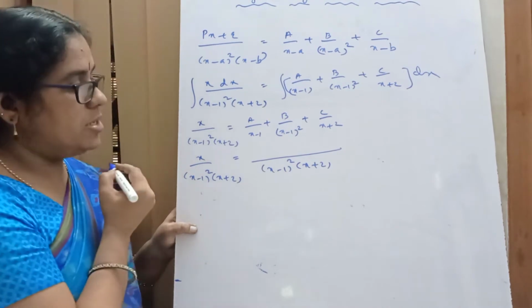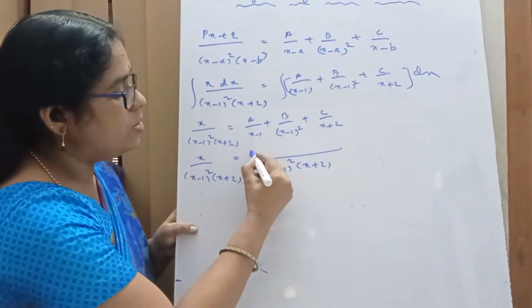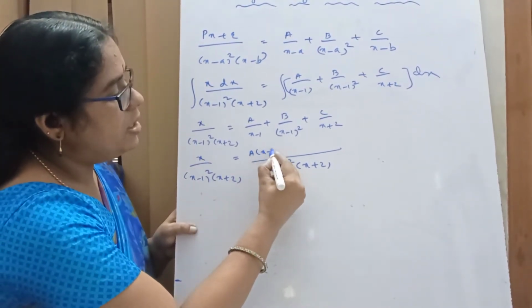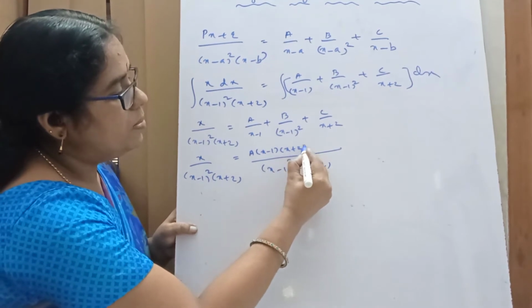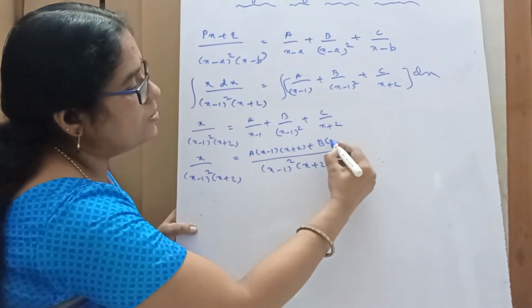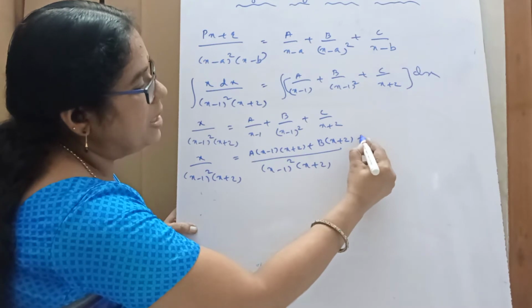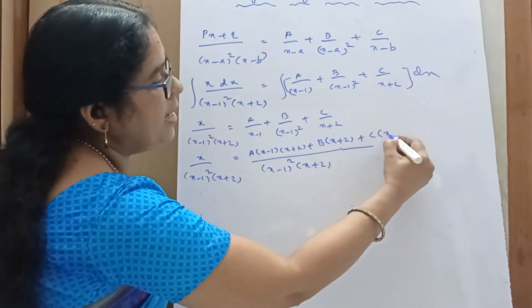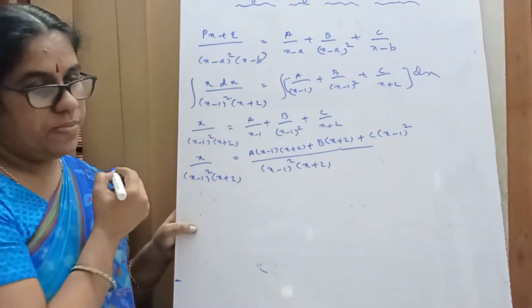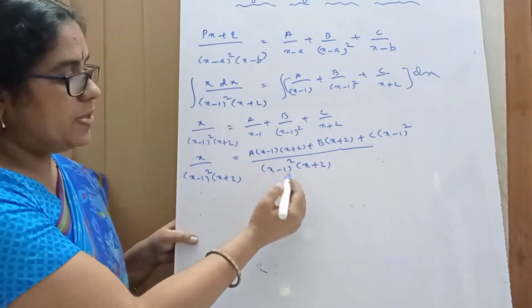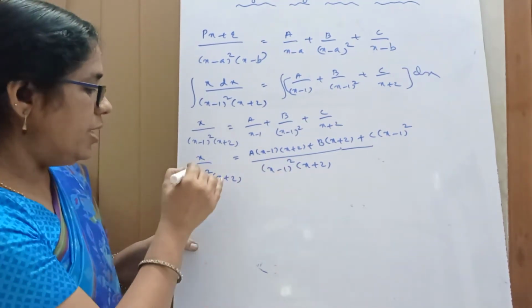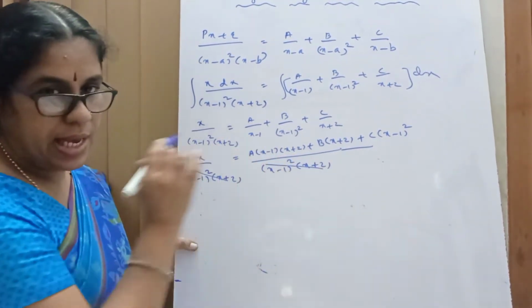That is the denominator. Numerator is what? A into (x minus 1) into (x plus 2) plus b into (x plus 2) plus c into (x minus 1) the whole square. Okay, by taking LCM. This is the step. Okay, then here the denominators are the same, so we can cancel.